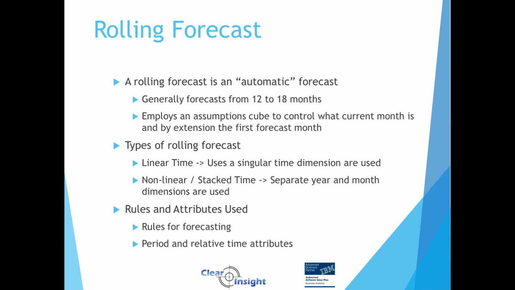But on the time side of things, we've got linear time, which is a singular time dimension that combines both the year and the month, as well as nonlinear or stacked time, where separate year and month dimensions are used. Linear time is generally more readable when comparing actuals versus budget.